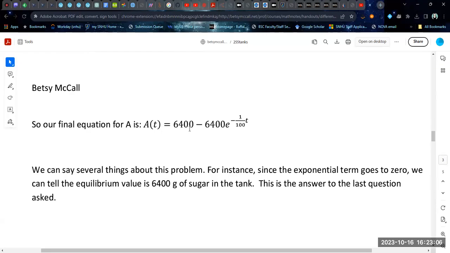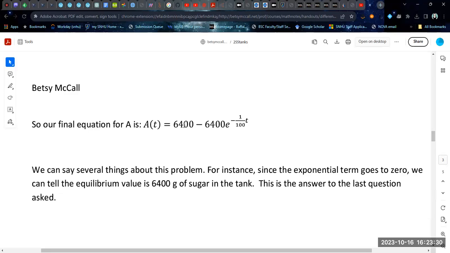Now, we can say a lot of things about this. The equilibrium is 6,400 grams of sugar. And if we plug in time t, we can then calculate what the amount of sugar is at any point in time. We could also, for instance, find out how long it takes to get to 95% of equilibrium or something like that.